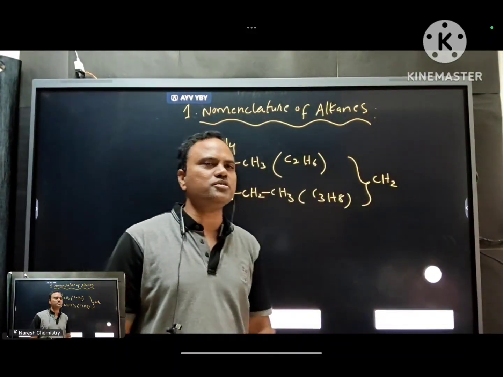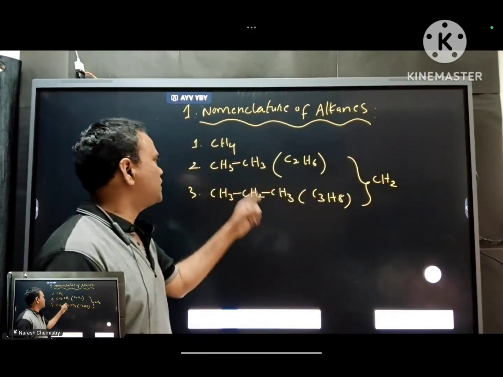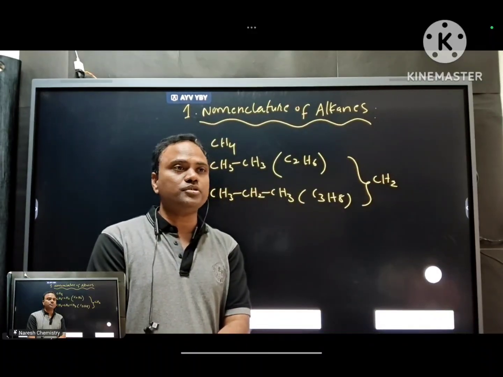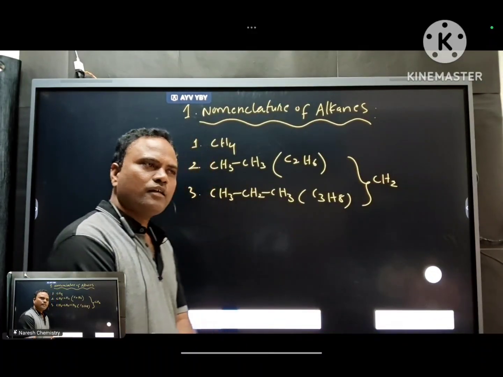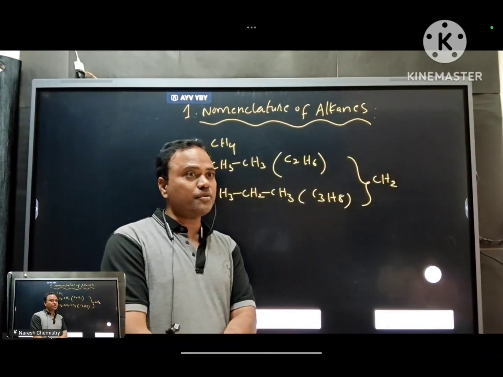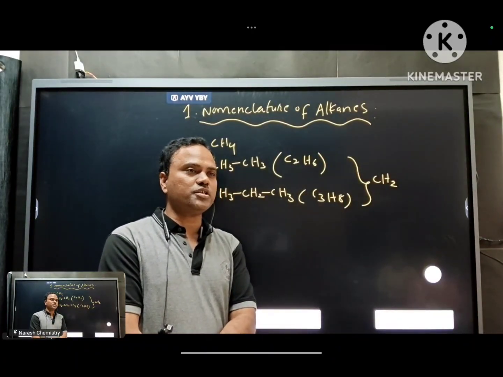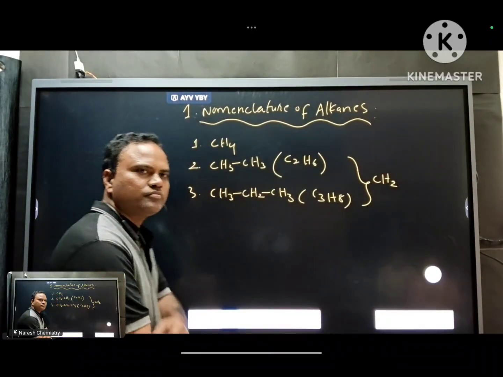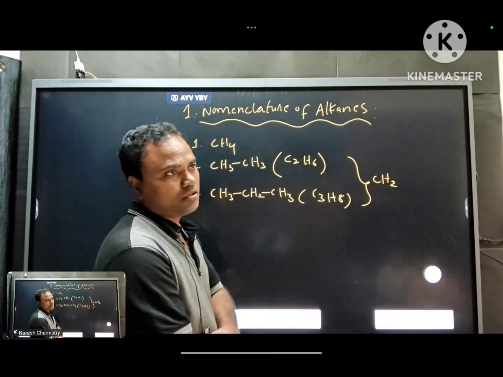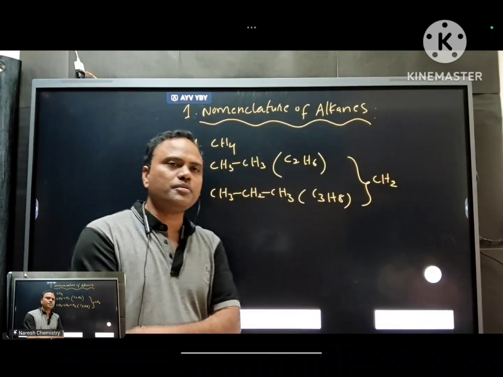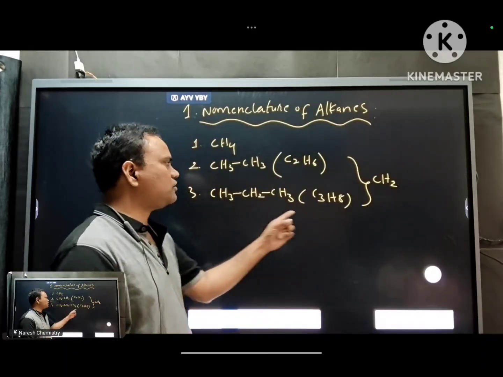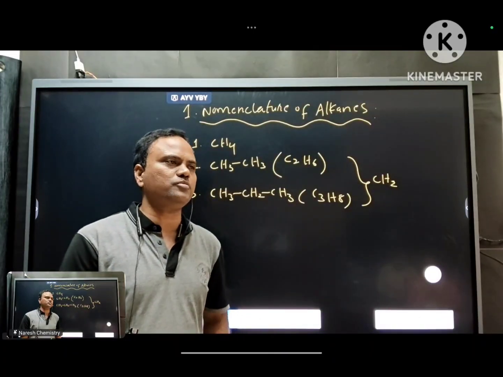What about the chemical properties of these two, ethane and propane? Same or different? Both have the same chemical properties, but what about physical properties? Physical properties are different. Physical property means boiling point. Boiling point depends upon molecular weight, and propane has more molecular weight, so propane's boiling point is more.